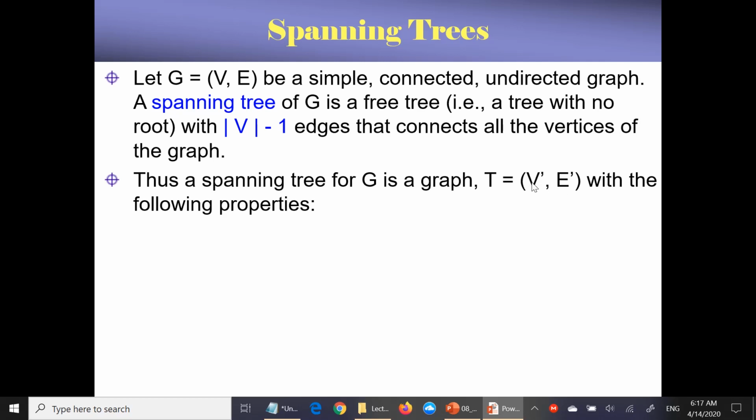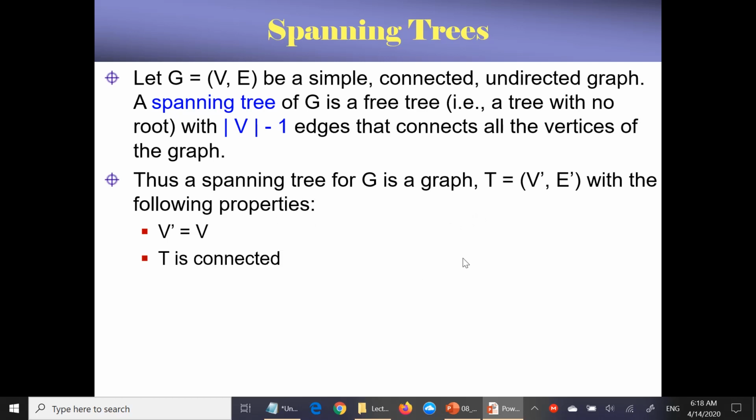So a different set of vertices, V prime, and a different set of edges, E prime, with the following properties. 1, the 2 sets of vertices are actually equal. So to get a spanning tree from G, we're not going to remove any vertex. It's the same vertices from G.